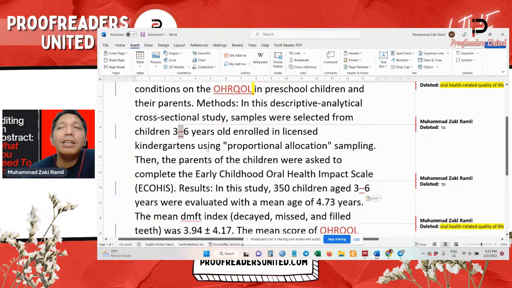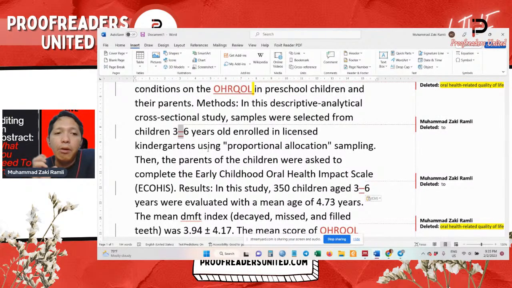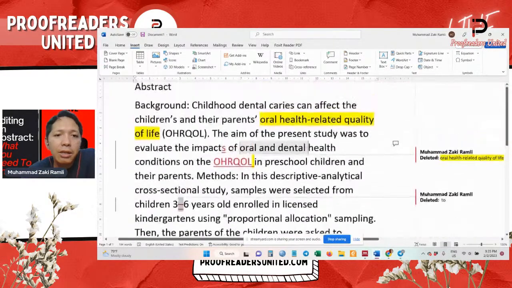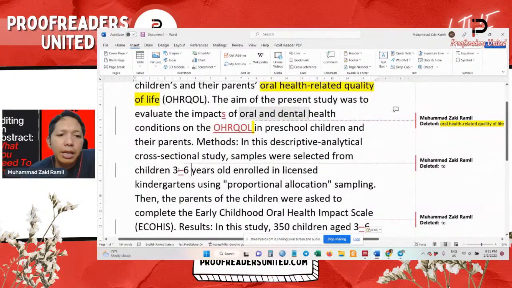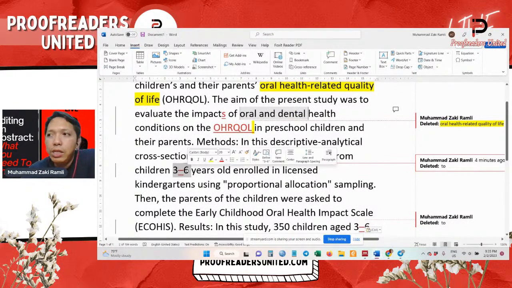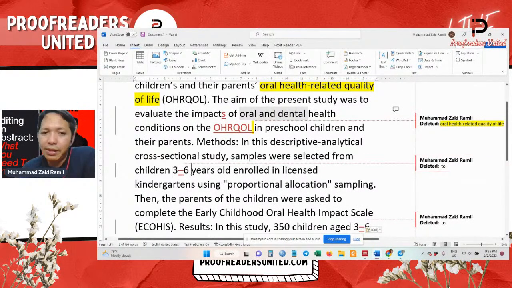I'm just highlighting the ways on how we can save the number of words. Just now it's about using abbreviations, and another way is by using punctuation.